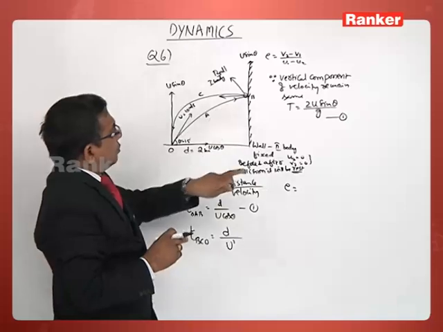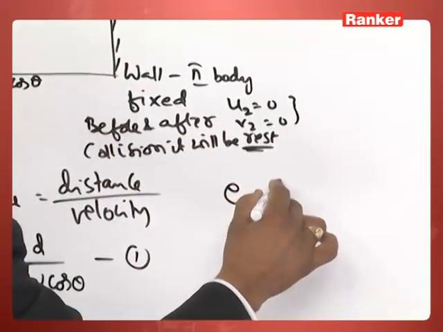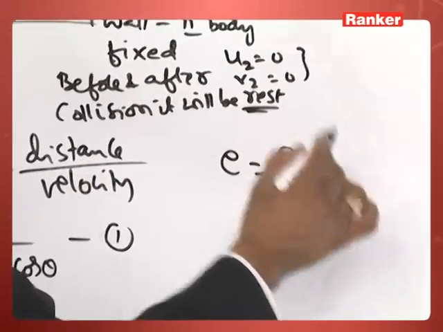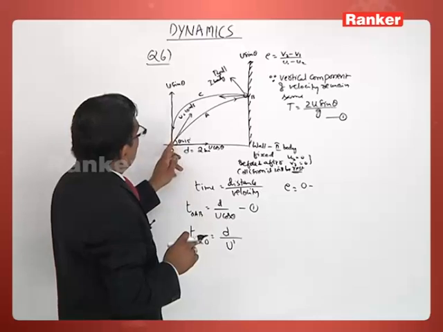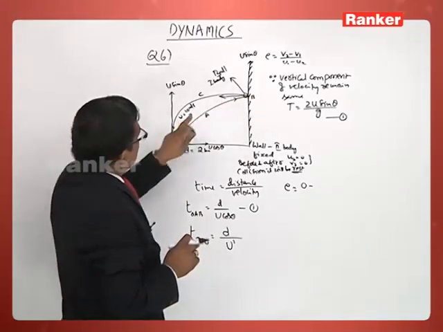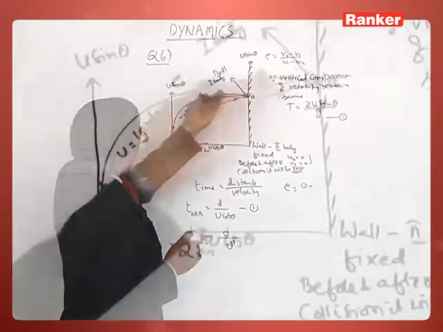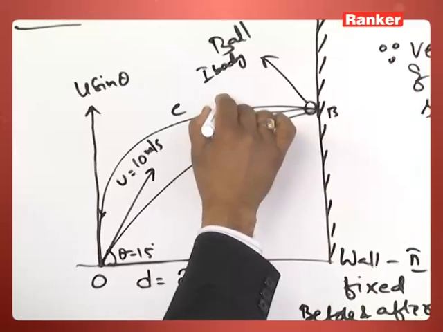What is v2? Wall is at rest, so v2 = 0. V1 is the velocity of the first body. The ball is colliding and moving back. This velocity I take as u prime.